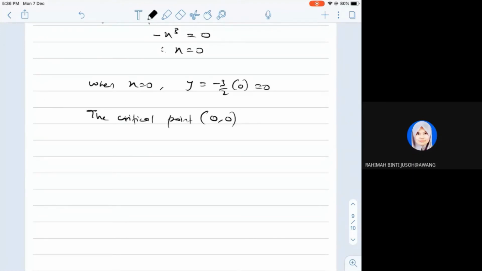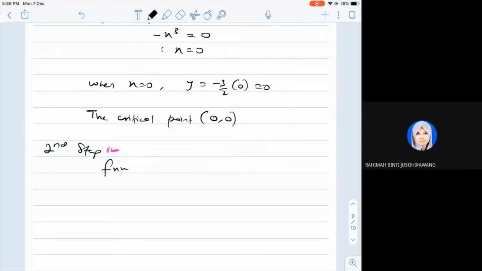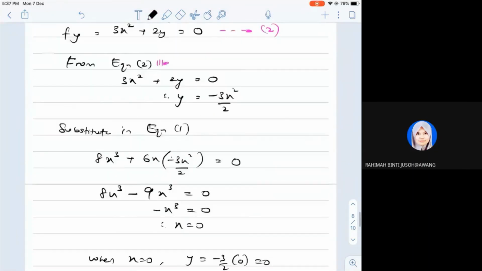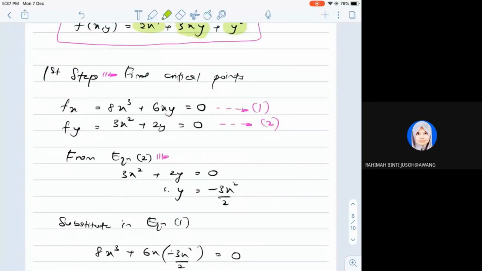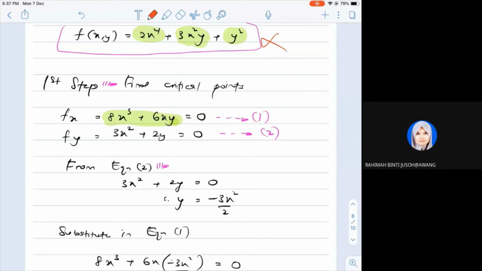So next step, second step. Cari fxx. Yes, okay, we need to find fxx. Differentiate again your fx. Refer yang ni. Differentiate again fx ni terhadap x. You jangan tengok yang ni sebab yang ni fxy. Kita nak yang lepas dari differentiate dah.